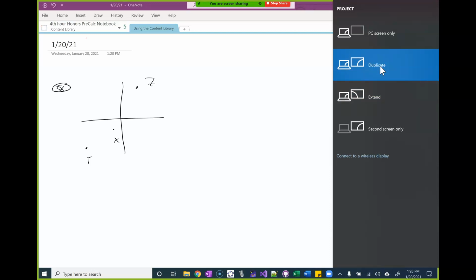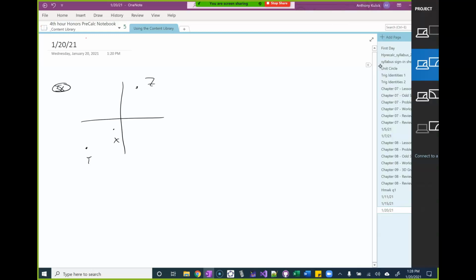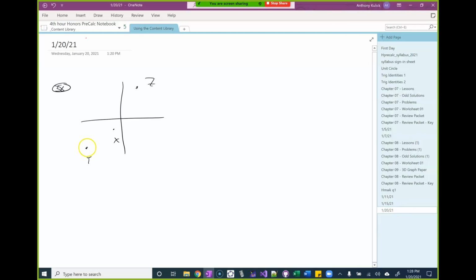Okay, so here are our points, x, y, and z. What I'm going to do is translate these into vectors.